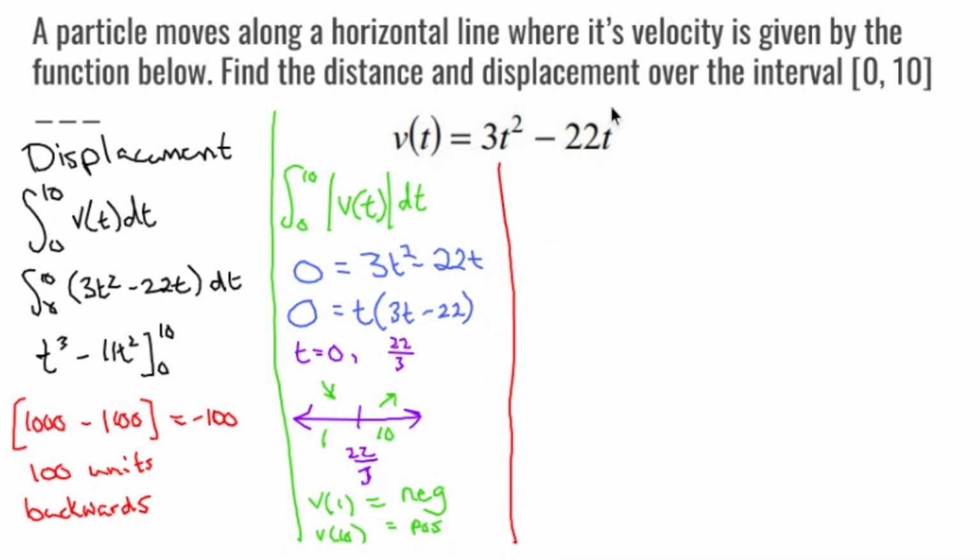So in my negative section, I'm going to set up an integral from 0 to 22 over 3 of negative v(t) dt. By throwing a negative in front of this formula, I'm going to get a negative distance, but by negating a negative, it becomes positive.